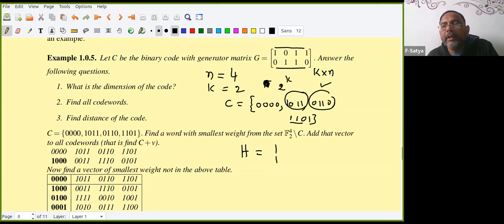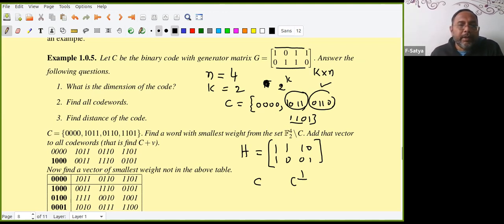So it comes 1 1 here, 1 1 here, 1 0, and again 1 0 0 1. Correct. So both C and C perp have the same dimension: it is a 4-dimensional space, C has dimension 2, and C perp is again dimension 2. The sum of their dimensions is 4. That's why it is also n minus k cross n.